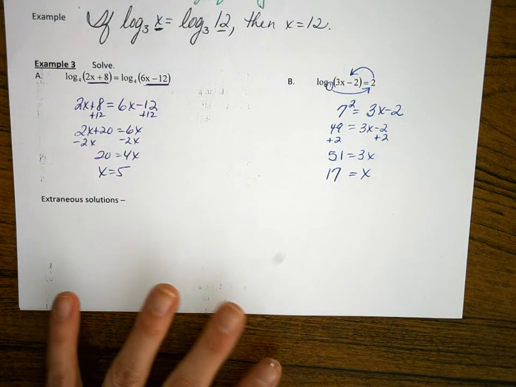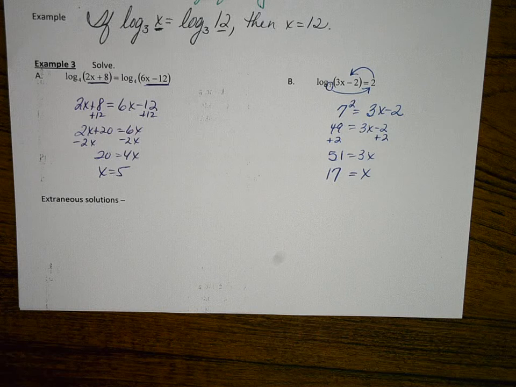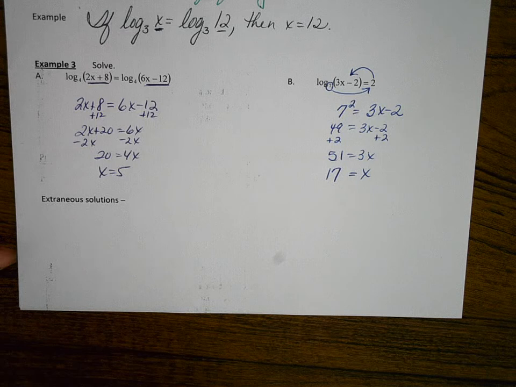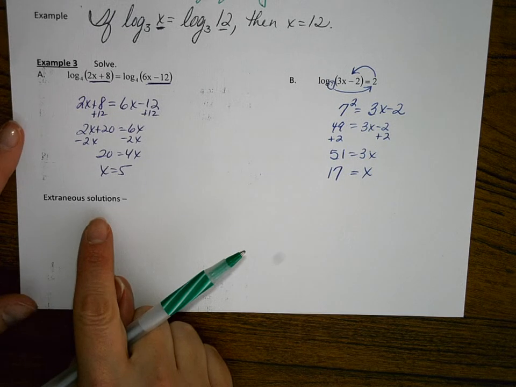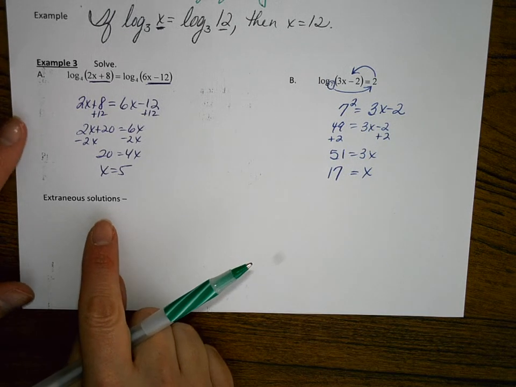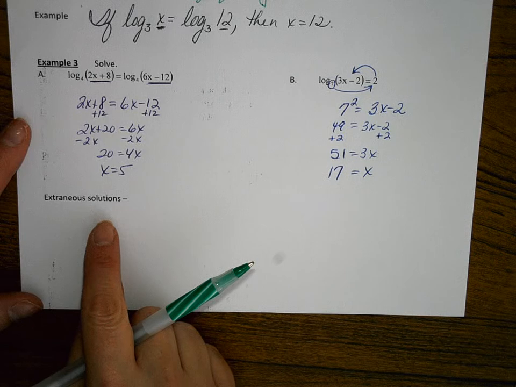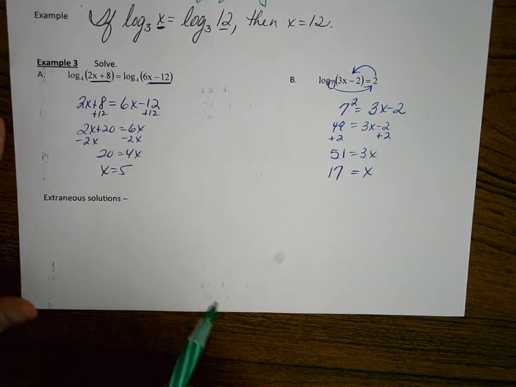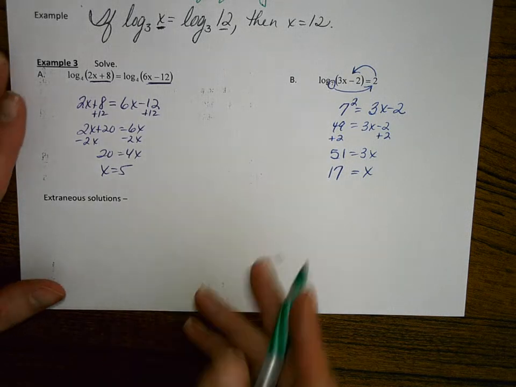All right, now, one drawback of these, and I know that this can be painful, but they certainly have the possibility of creating extraneous solutions. Extraneous solutions are what? Extra answers that don't really work.